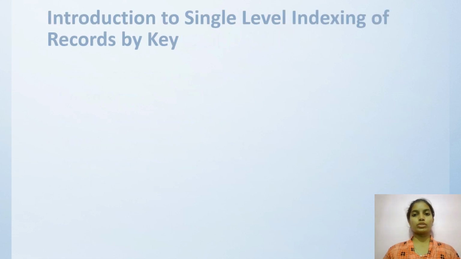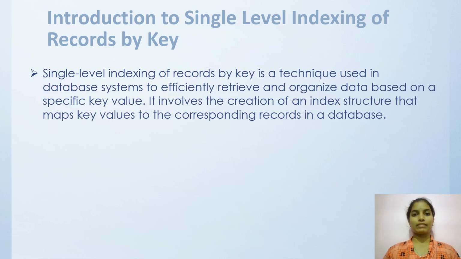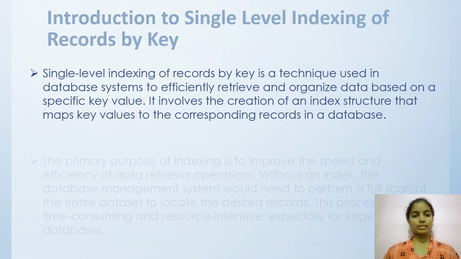Coming to the introduction to single level indexing of records by keys. Single level indexing of records by keys is a technique used in database systems to effectively retrieve and organize the database on a specific key value. It involves the creation of an index structure that maps key values to the corresponding records in the database.